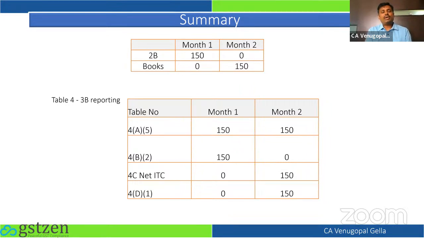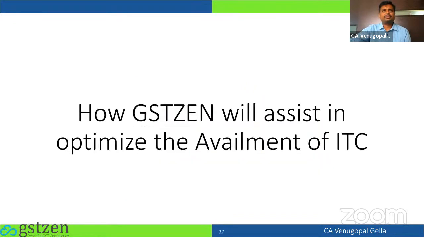In the month in which you have clarity, you will again avail it back in 4A5. It doesn't mean that total credit availed is 300 rupees. Since the earlier credit was already reversed, the net ITC that you are availing is only 150. Because you are availing something which is extra, you will report this under 4D1. This is the kind of reporting that is expected.